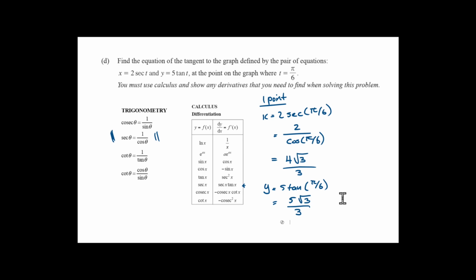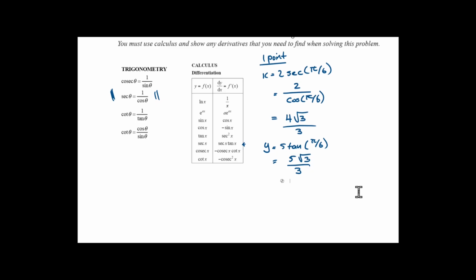Let's differentiate this. So dy/dx is going to be equal to dy with respect to t times dt with respect to x. And remember, dt with respect to x is just 1 over dx/dt.